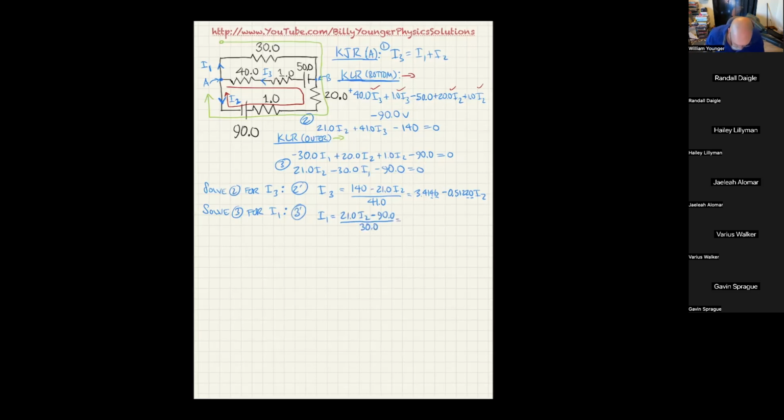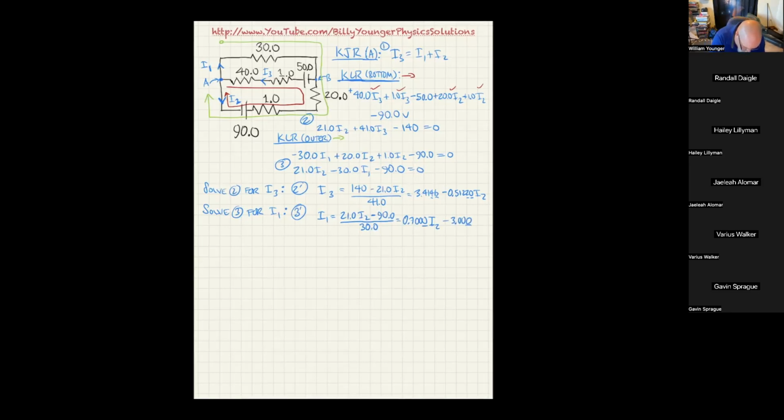Again, I'm going to go ahead and do the division. 21 divided by 30 is 0.7, and of course, that's all 0 after that. 21 divided by 30.0 should actually be 3 sig figs, so I'm carrying 1 extra, but it really doesn't matter too much because we know that all the other digits are 0. And then I've got I2. And then 90 divided by 30 is just 3, so that's going to be minus 3.00, and again, that's just 3 forever. So I can just put that after it, and I've got an extra sig fig on everything.